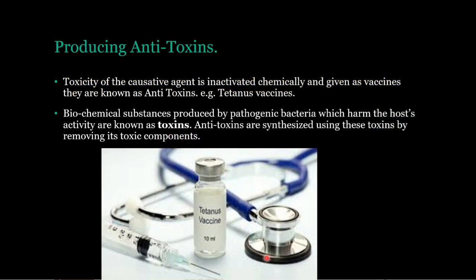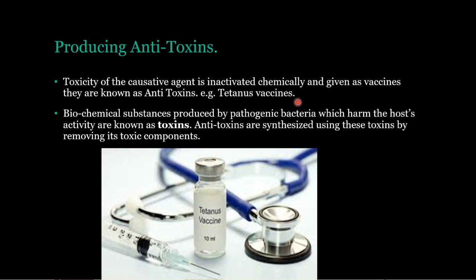So let's move on. Producing antitoxins. What are antitoxins? Toxicity of the causative agent is inactivated chemically and given as vaccines. They are known as antitoxins. It means the toxicity of that causative agent is chemically stopped and inactivated, and those vaccines are called antitoxins.